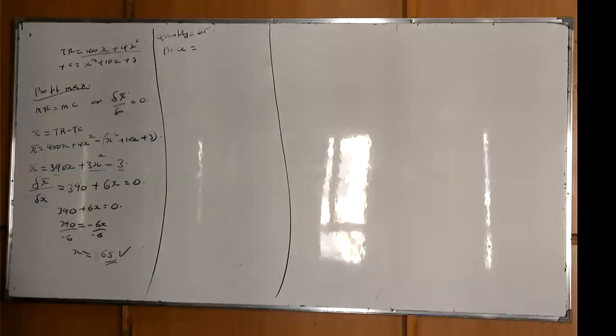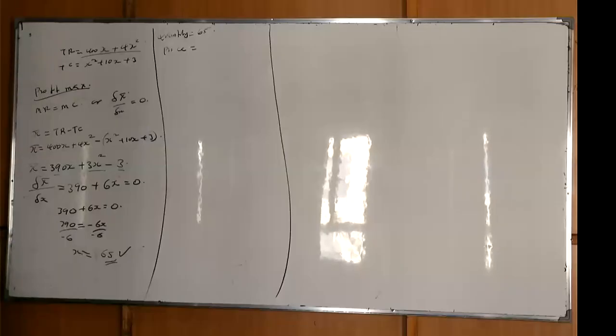You have two ways to get the price. To get the price, you can take total revenue divided by quantity. Total sales is like total revenue. You divide it by the quantity sold.